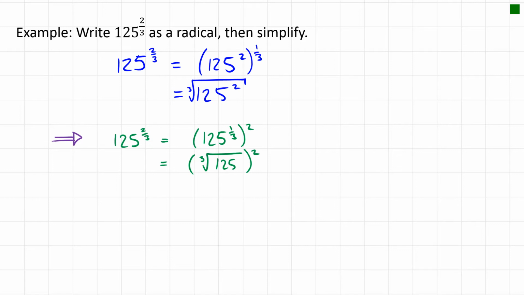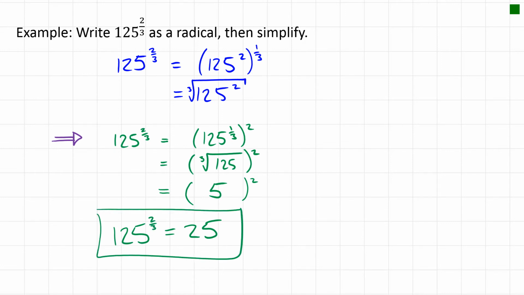But I do know the cube root of 125 because I know my common cube roots. The cube root of 125 is 5. From there, I can say that 5 squared is 25. So I've simplified 125 to the 2/3 to be just 25. So you pick the way to rewrite a rational exponent as a radical that makes your life the easiest.